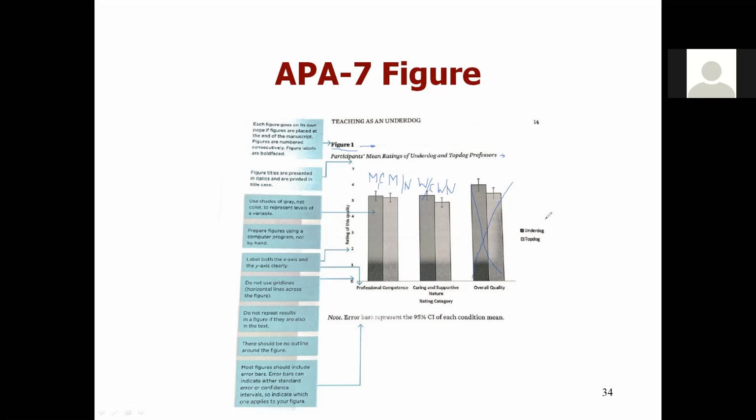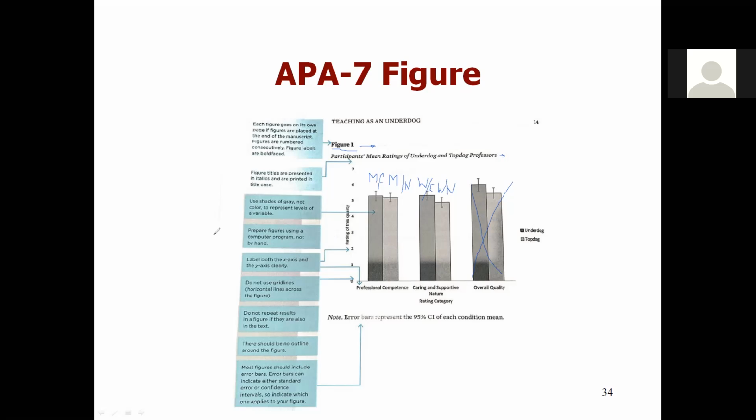All right. A figure cannot be in color unless you are a neuroscientist, because for publication purposes, when you print something in color, it costs money, and they charge authors a color printing fee. So we're not doing that. We are only using grayscale: dark gray, light gray, black, white.